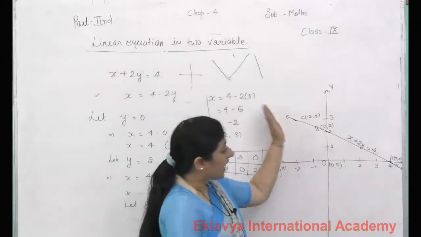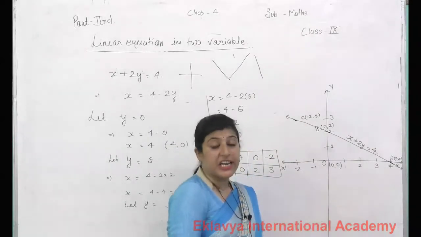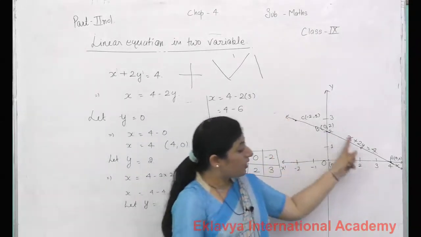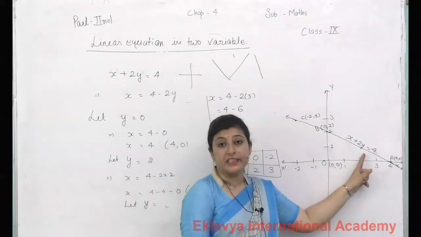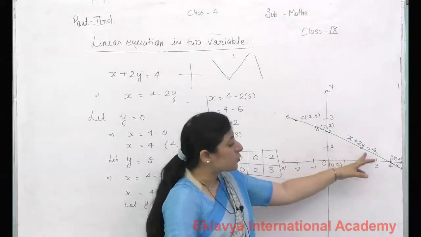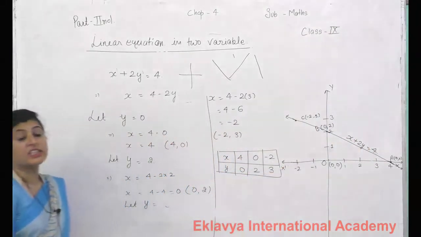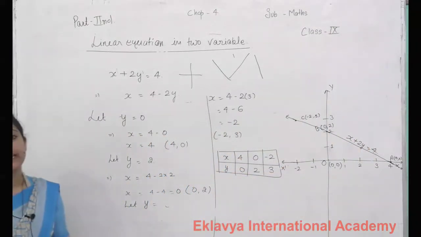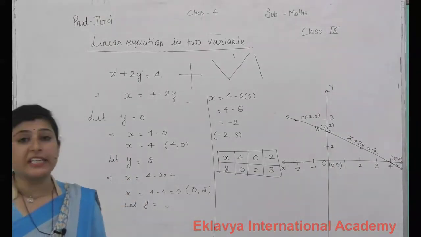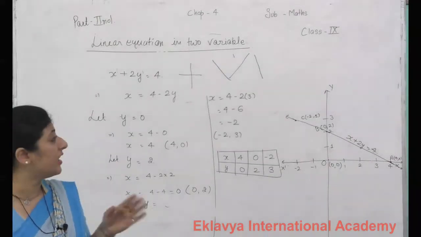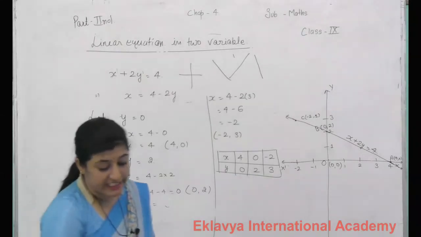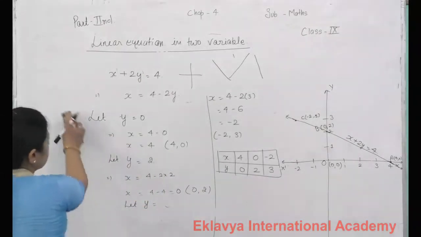Then we get a straight line, and then write down which equation's graph you made here: x + 2y = 4. This time we found the solution and how to represent the solution of a linear equation in two variables on a graph. Now we take some statement problems.